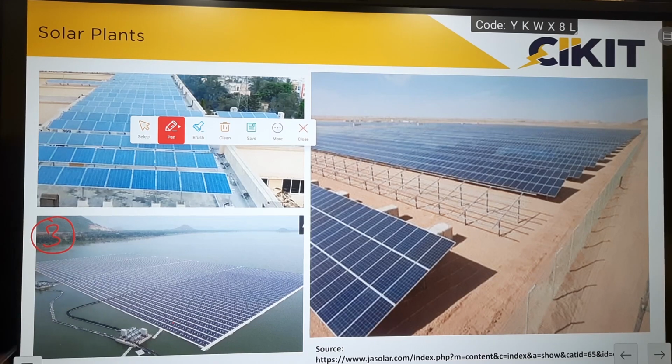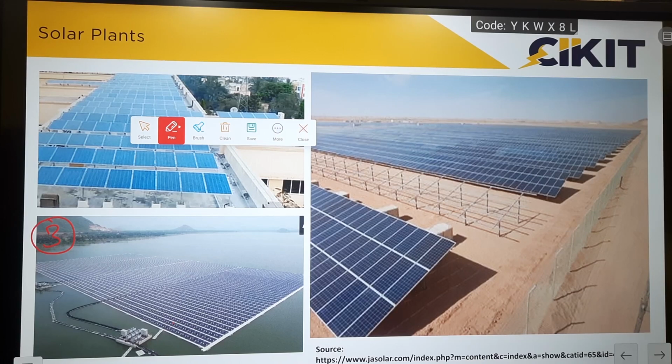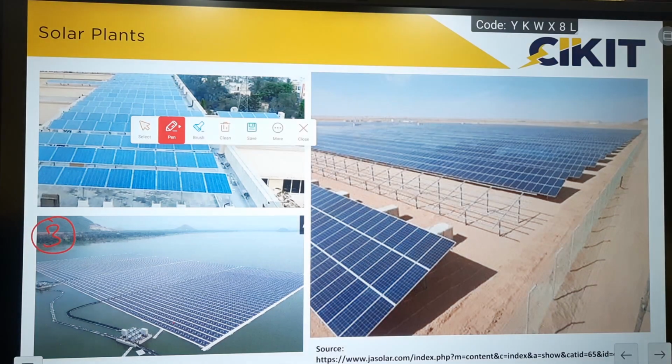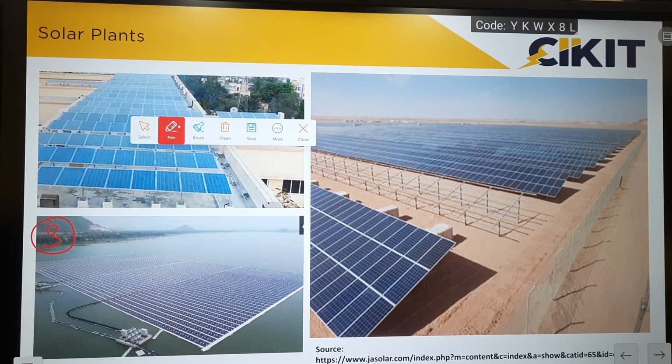In this case also, the panels are surrounded by a water body. So lightning striking on the water bodies may land on the panels, because the panels will be at some height when compared with the level of the water body. So if any lightning is striking those water bodies, then definitely it will strike on the panels instead of striking on the water.